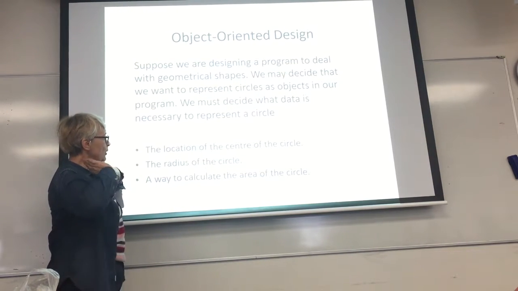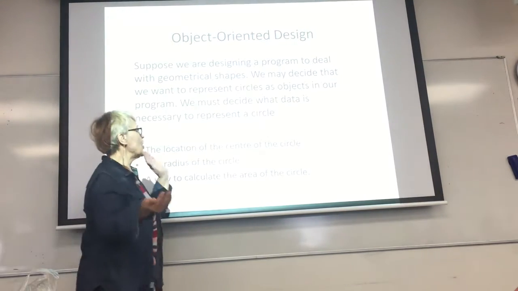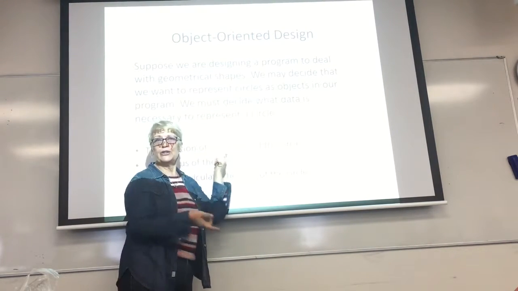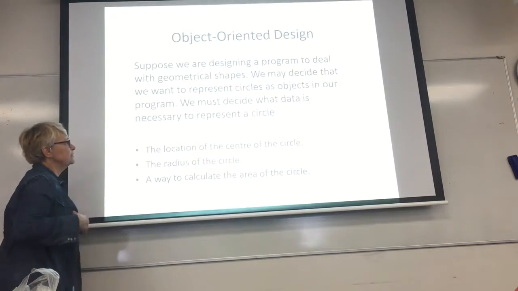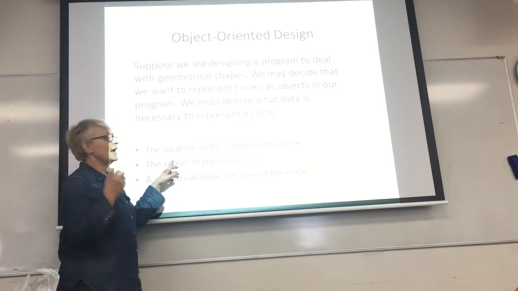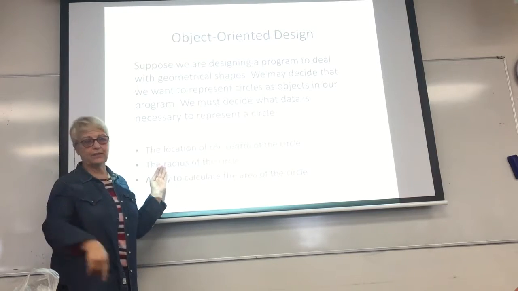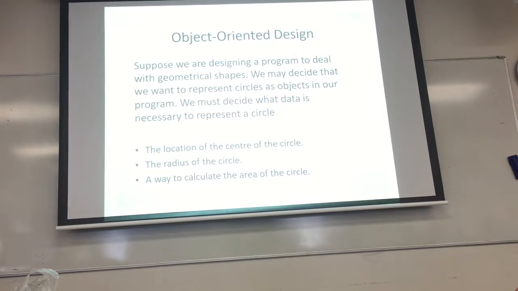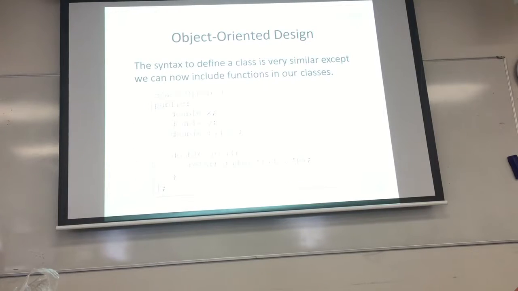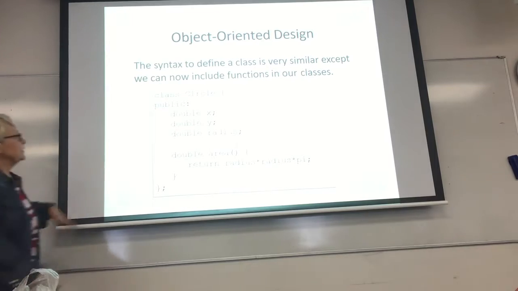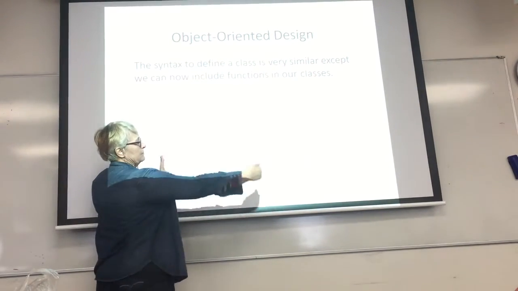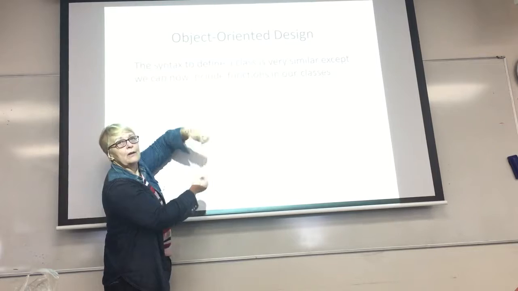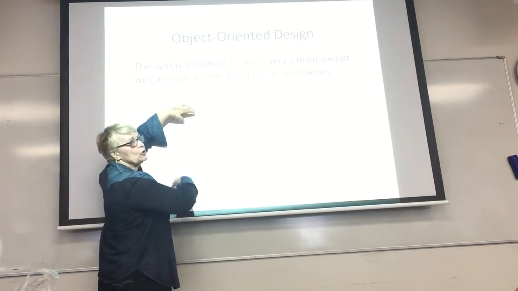This is the abstraction process. And for our problem, we will consider that a circle is defined by the center, not really necessary, but to make it a little bit more interesting, and the radius. The radius is needed in order to compute the area of a circle. So this is the main goal of our problem, to calculate the area. In this situation, what we have to do is have our data values. X is a horizontal coordinate, Y is a vertical coordinate, and we choose them to be double.